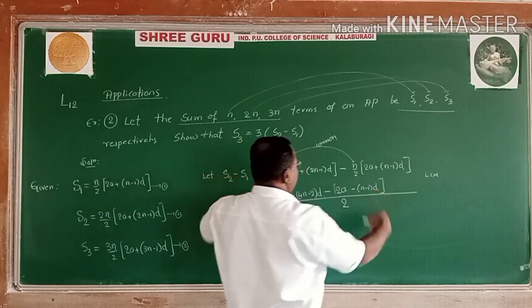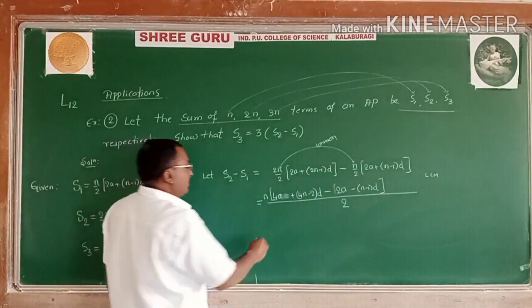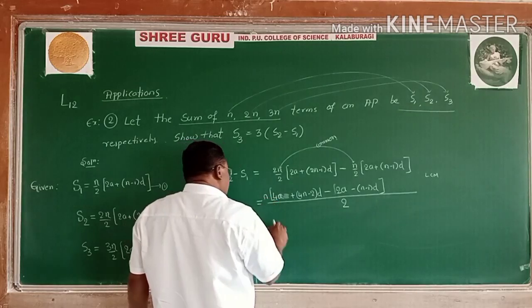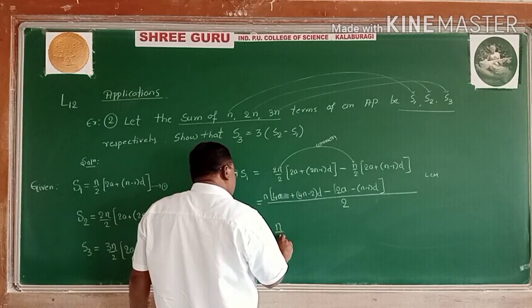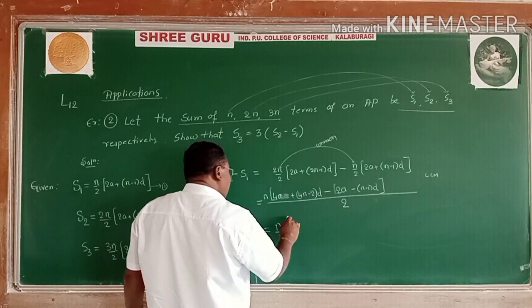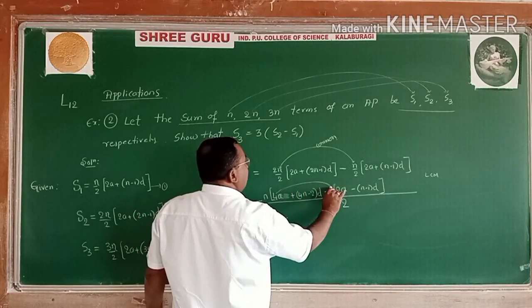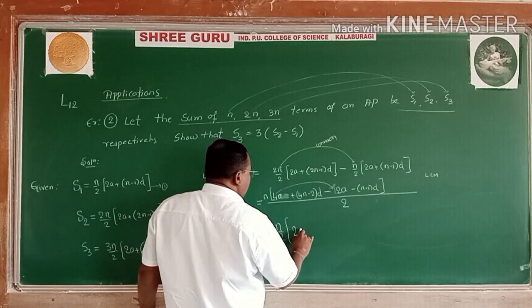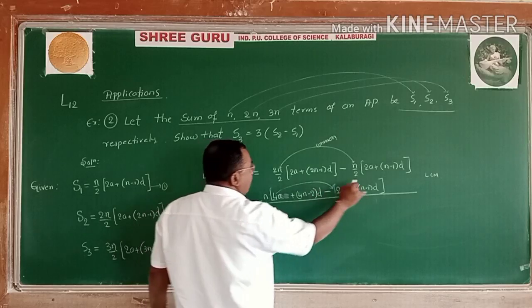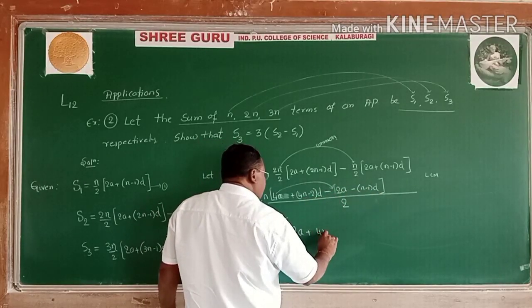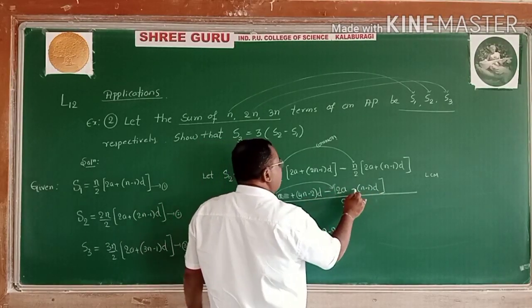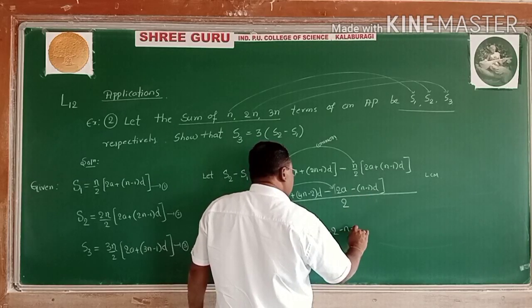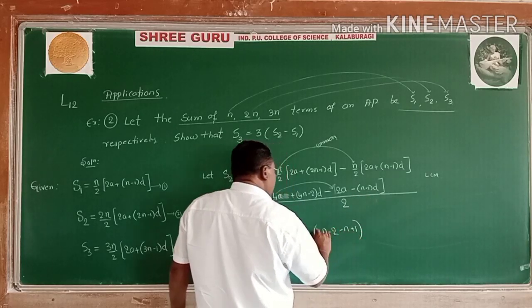Clear? It is equal to n by 2, as it is, 4a minus 2a plus, here d common, 4n minus 2, minus n plus 1 into d.